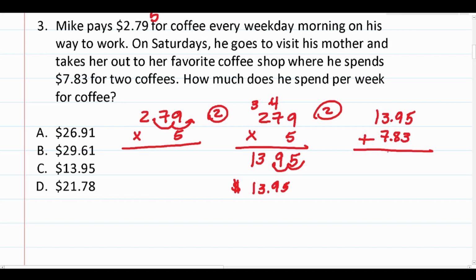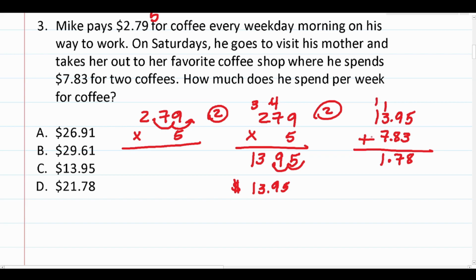So let's go ahead and do this. When you add decimals, you don't have to shift the decimal place in any way. You simply just drop it down in place, which I'm going to do right now. And now we're just doing simple addition. 5 plus 3 is 8. 9 plus 8 is 17, so we got to carry a 1. 7 plus 3 is 10, plus 1 is 11.